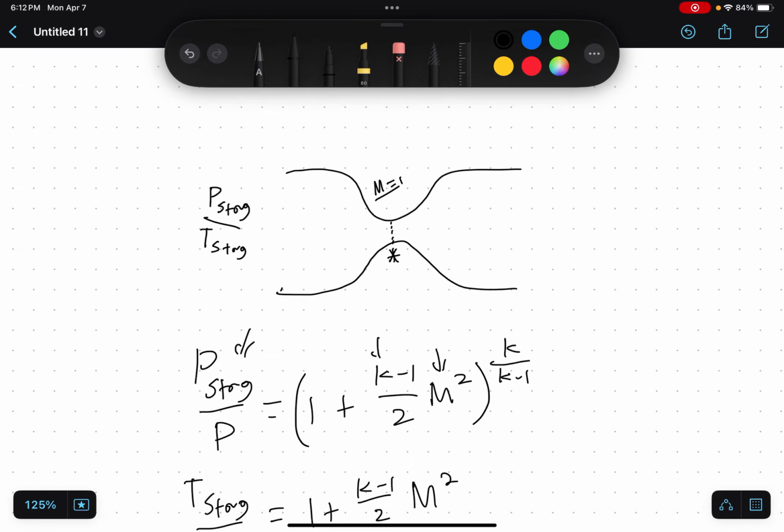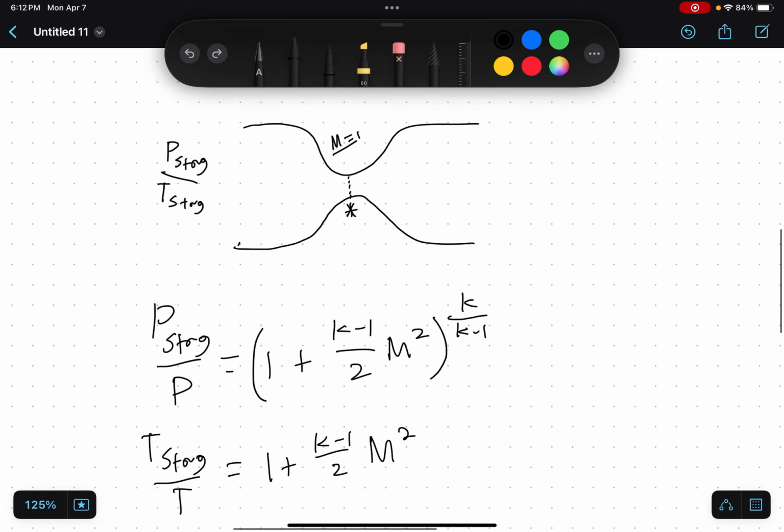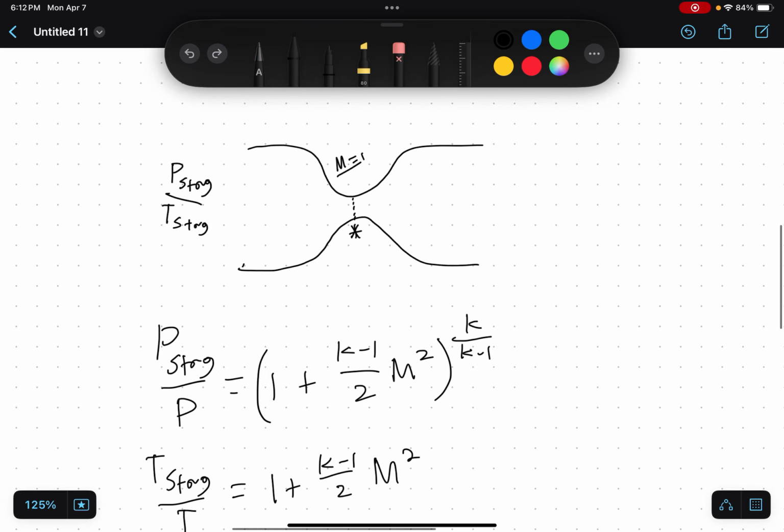And you can plug in K, and you can solve for P. So you can solve for the pressure right here, and technically it's P star if it's at the choke. So that's how you use the equation. Same idea with temperature. You can get a T star right here as well.